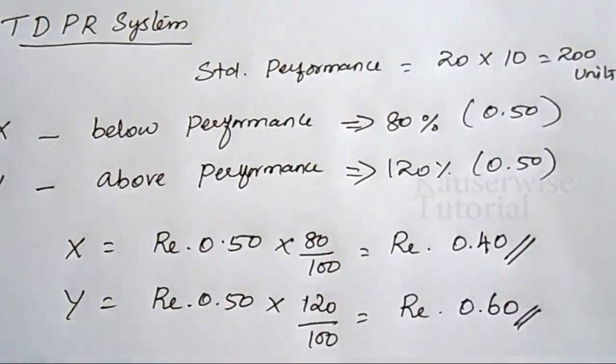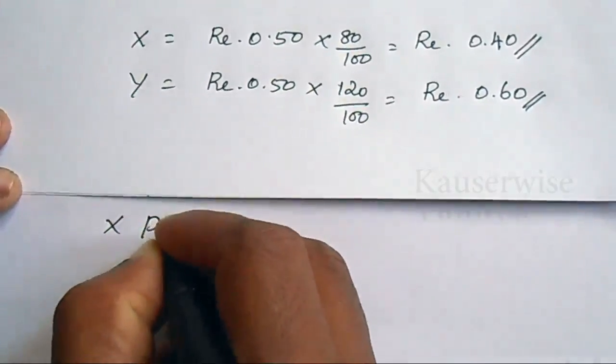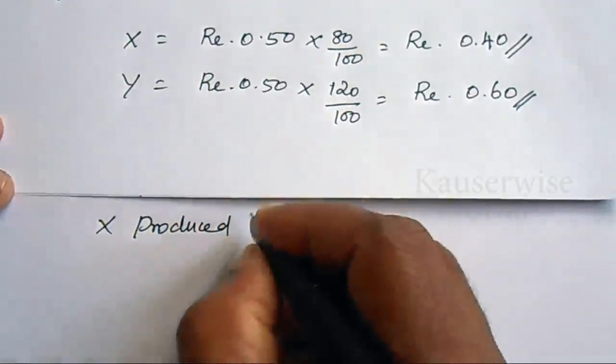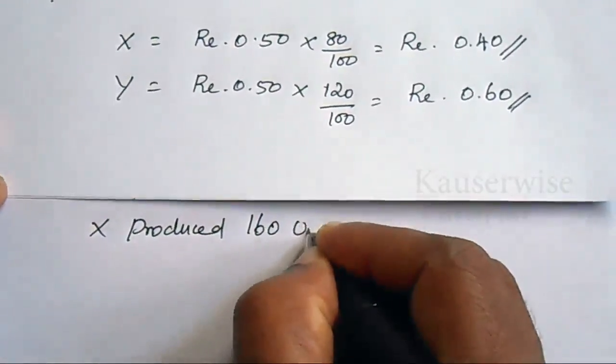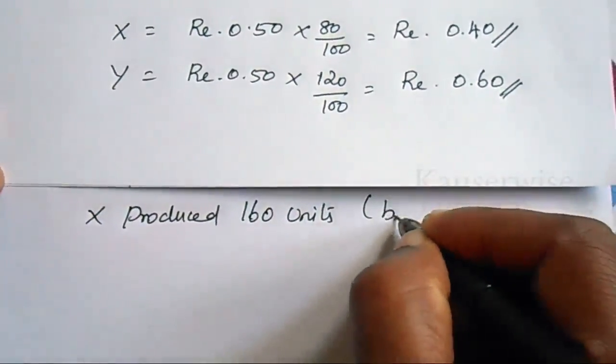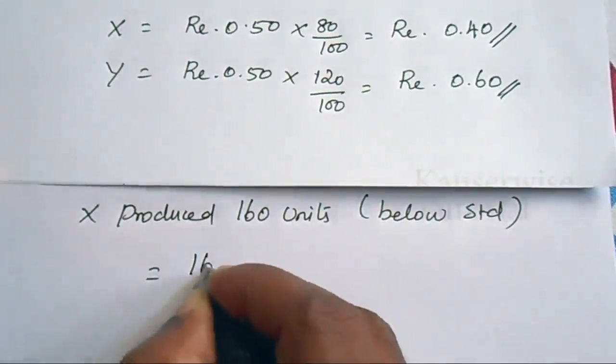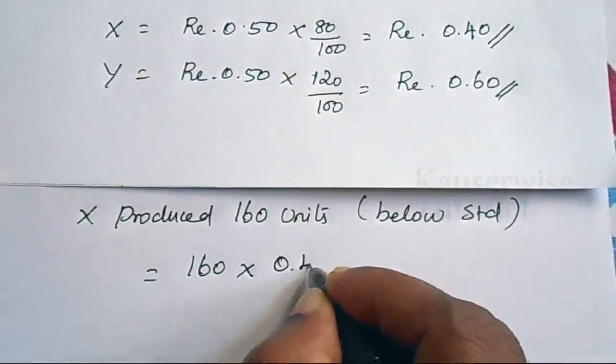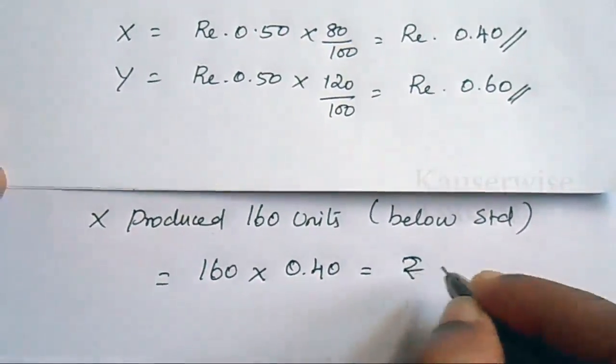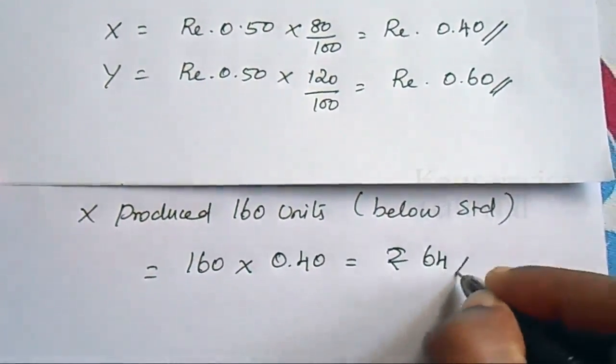Now calculate the earnings. X produced 160 units. That is below standard. For him, 160 into 40 paise is equal to rupees 64.